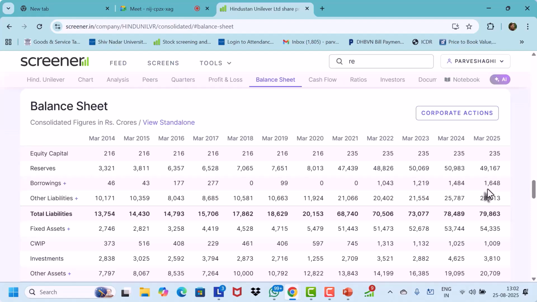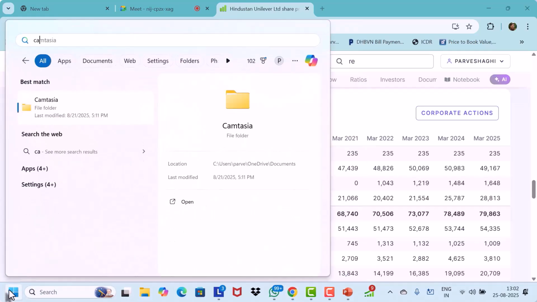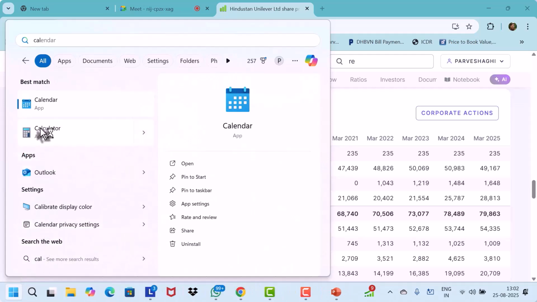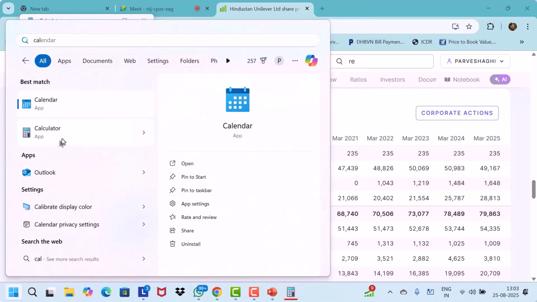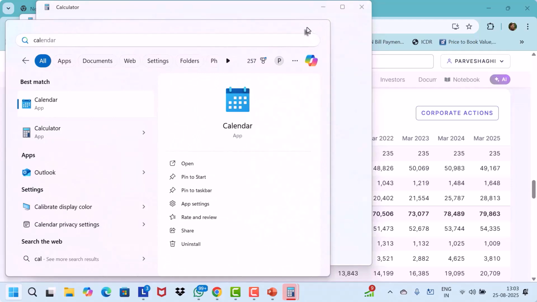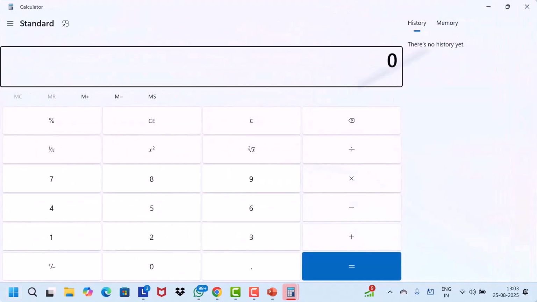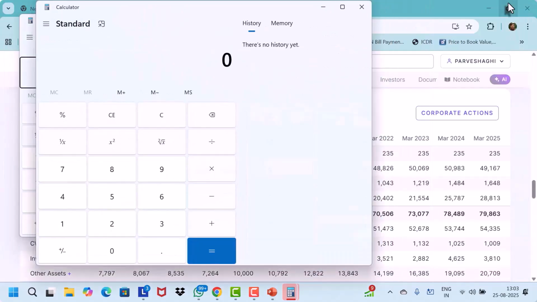Is that clear? Just do that division. I'll just do that for you. So 1648 divided by 49,000, I say roughly 400, because if we add, it will be 300, 400.